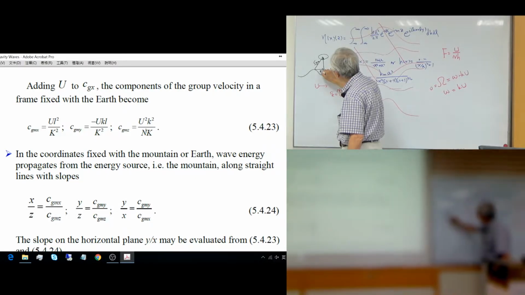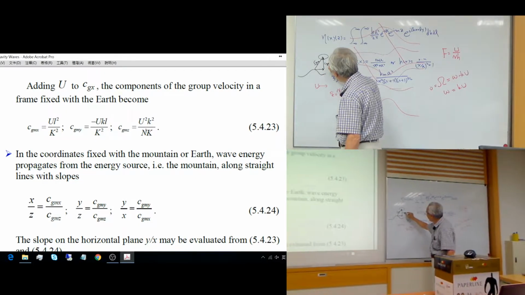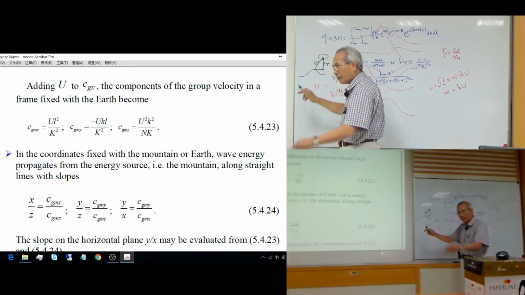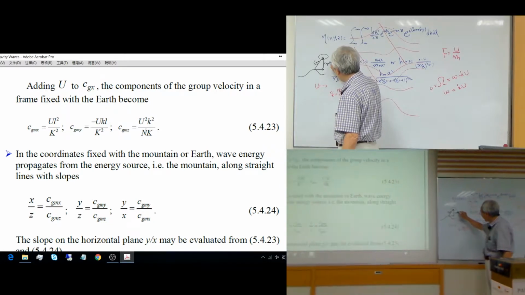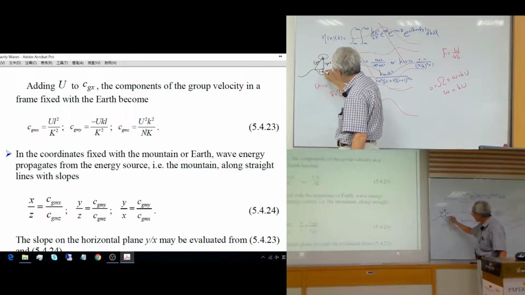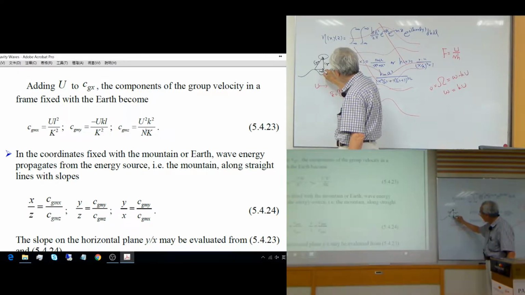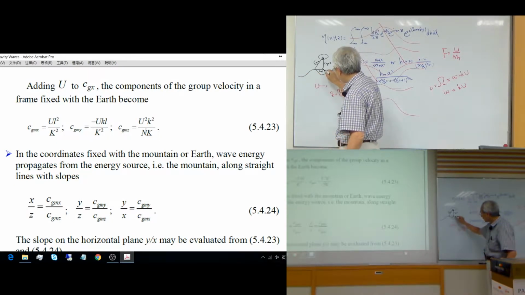Then this equals what? You have Cg m. That means the reference frame fixed with the mountain, and then z here. And what's this one? Cg m. That means group velocity in the moving reference frame with the mountain, and then times x.